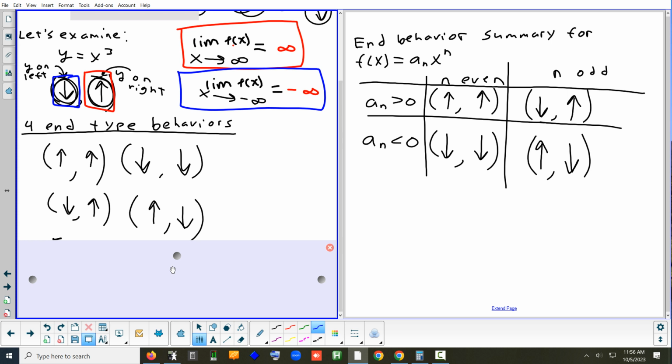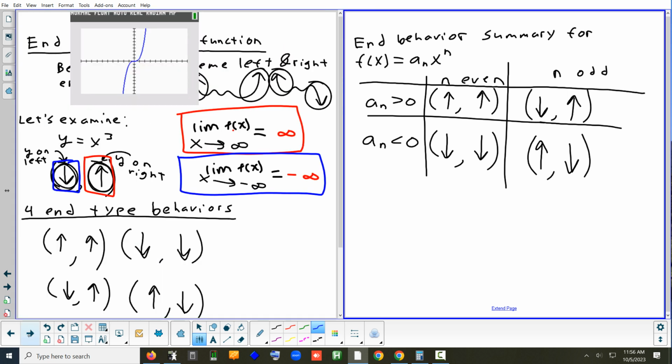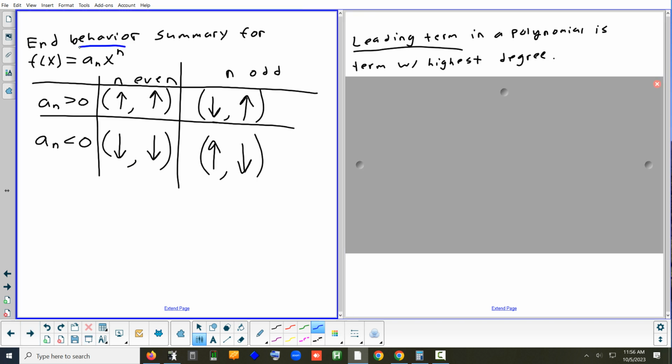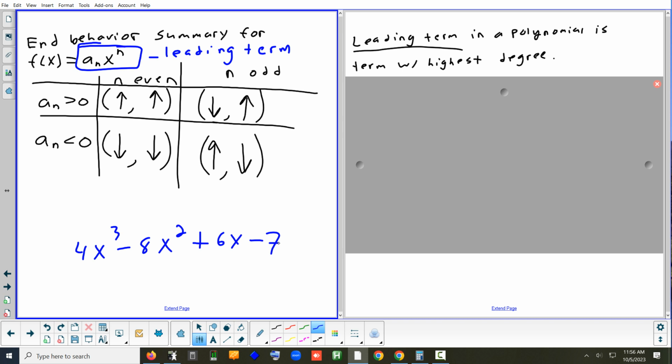It also depends on the number in front of that term, whether it's a positive or a negative number. So this term right here would be what we call the leading term. It's the term that has the highest degree. So, say 4x cubed minus 8x squared plus 6x minus 7. The leading term in that problem, well, you tell me, what would it be?